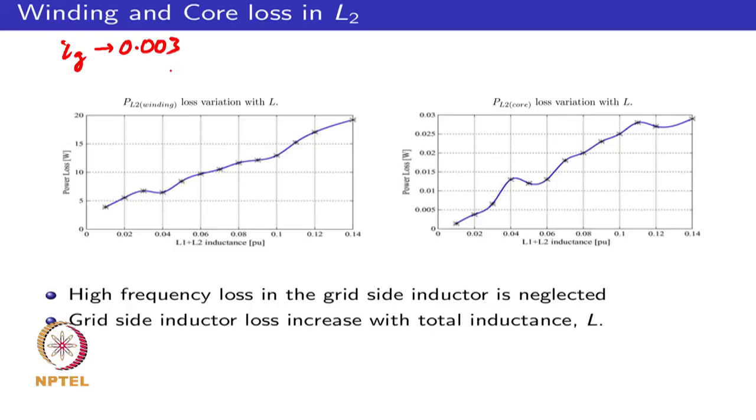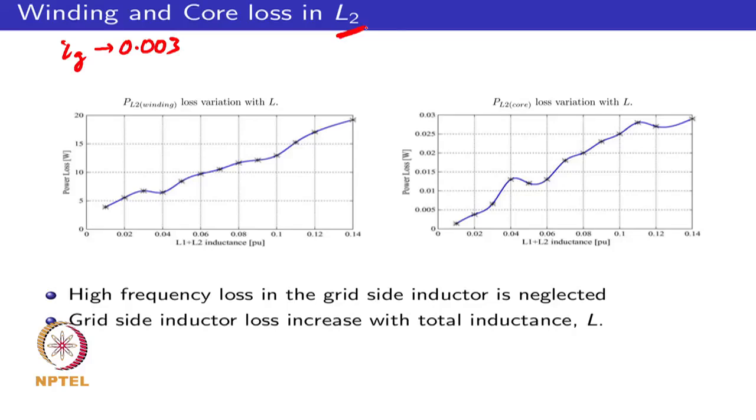So, in terms of the ripple current flowing through inductor L2, there is almost no ripple. So, if you look at the high frequency loss in the grid side inductor, it can actually be neglected. You can think of it as essentially a fundamental frequency which is flowing through the inductor L2.